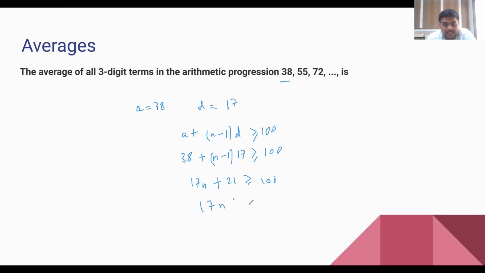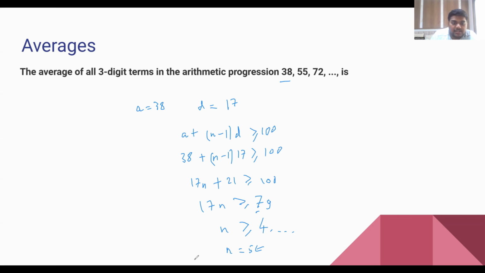17n is greater than or equal to 100 minus 21, 79. And n is greater than or equal to, see, 17 fives are 85, 17 fours are 68, so this will be 4 point something. Since n has to be a natural number, n equal to 5 will give our smallest three-digit number.